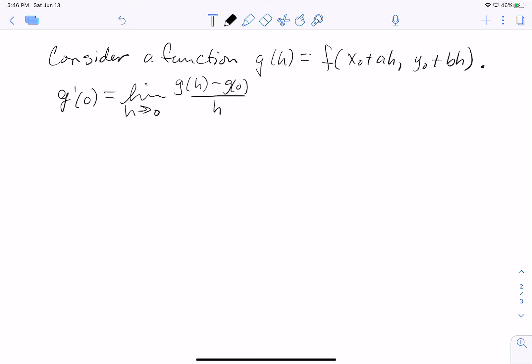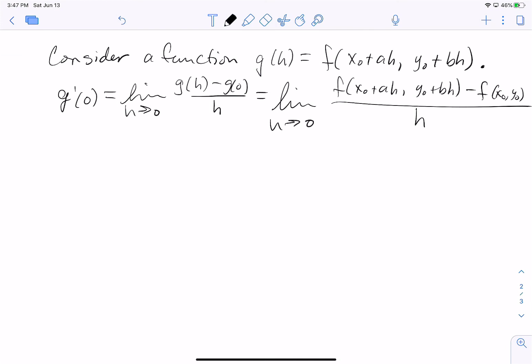That's by the definition of a derivative in single variable calculus. And that will equal the limit as h approaches 0 of f of x naught plus ah, y naught plus bh minus f of x naught, y naught, all divided by h, which is the definition of the directional derivative of f in the direction of u at x naught, y naught.